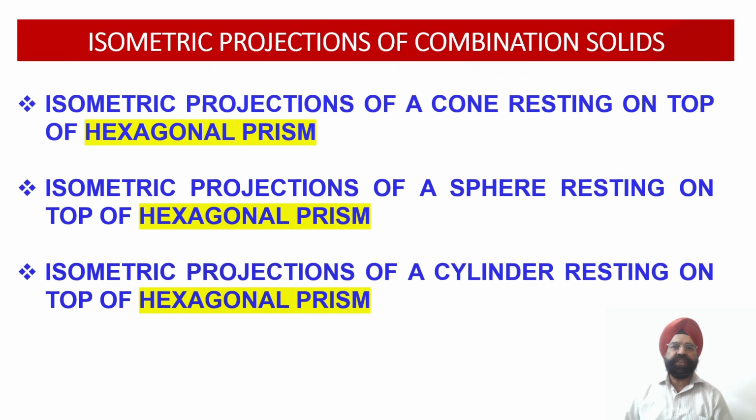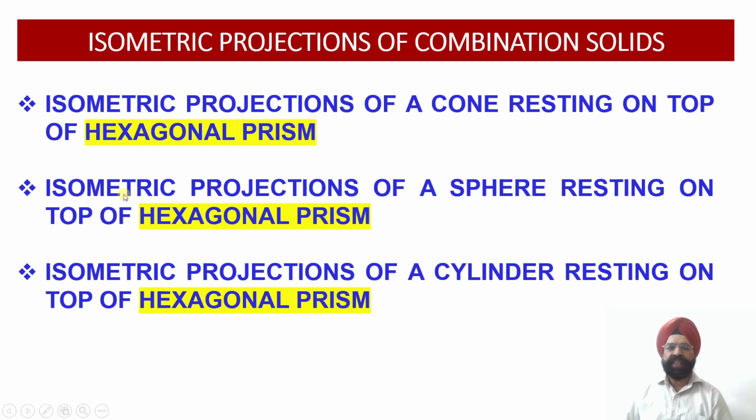Now today's discussion will be about the isometric projections of combination solids, and in the three cases that we are going to discuss today, we'll see that the hexagonal prism happens to be the common element amongst these three cases. So in the first case, we are going to pick up the construction of isometric projections of a cone which is resting centrally on top of a hexagonal prism.